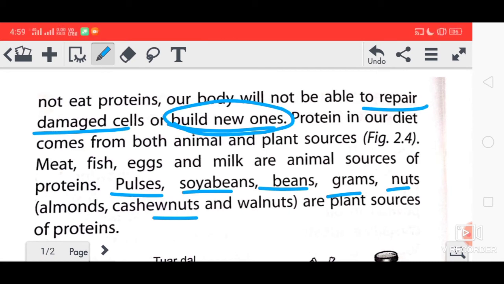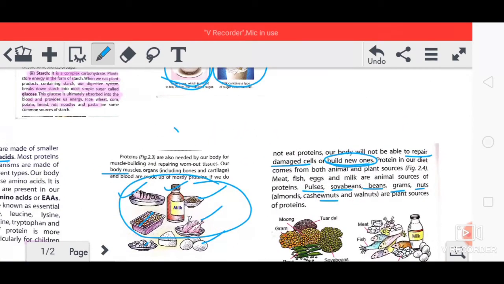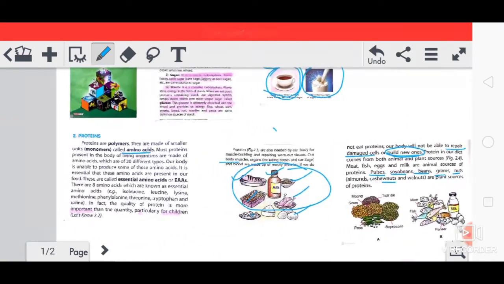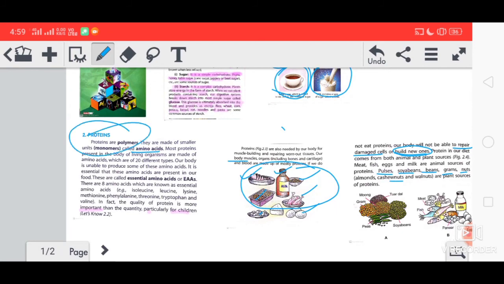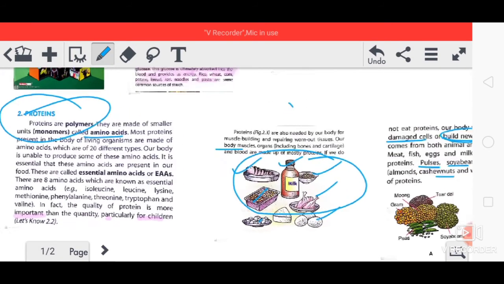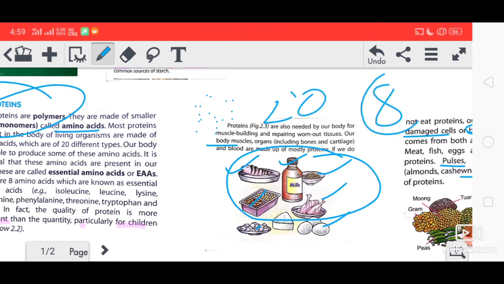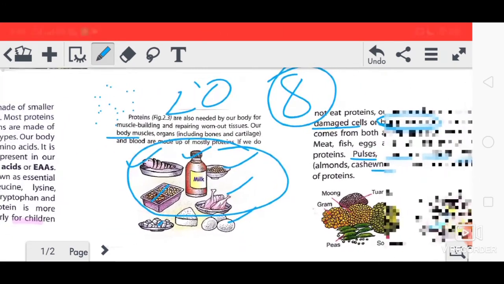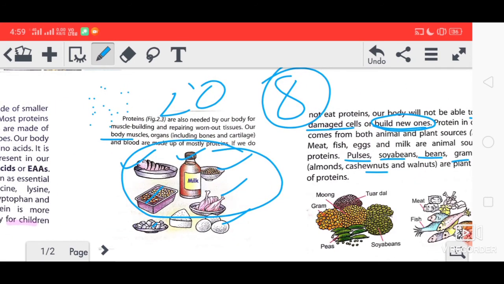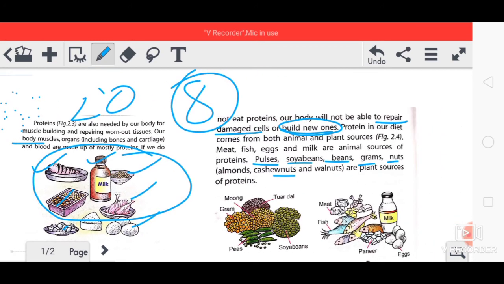So once again from the beginning, I am telling you what protein is. Protein is a kind of nutrient made up of smaller units called amino acids, and a total of 20 amino acids are there. Out of those, 8 are essential amino acids. Proteins help to build our body, keep our muscles strong and repair.